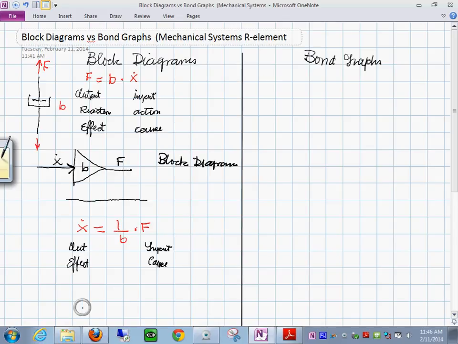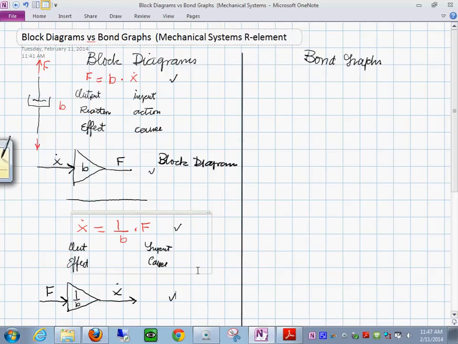And if this is true, then I can say if the input is F like this, and then I put this through a value of 1 over B, this becomes the output, which is x dot. So this equation corresponds to this block diagram, and this equation corresponds to this block diagram.